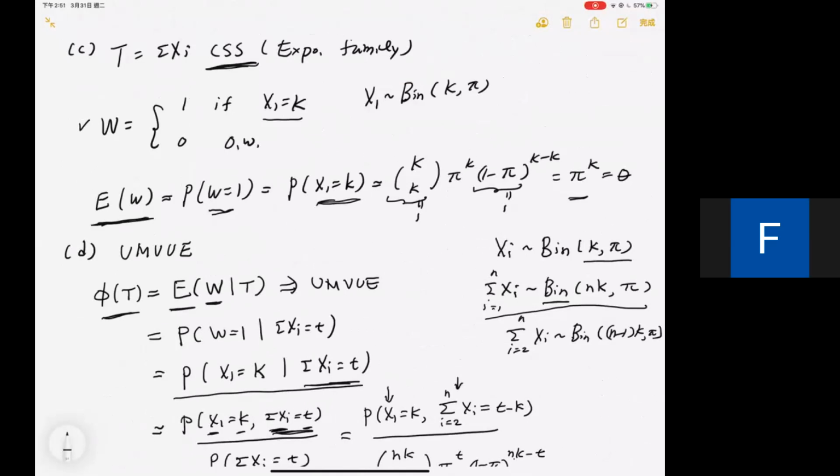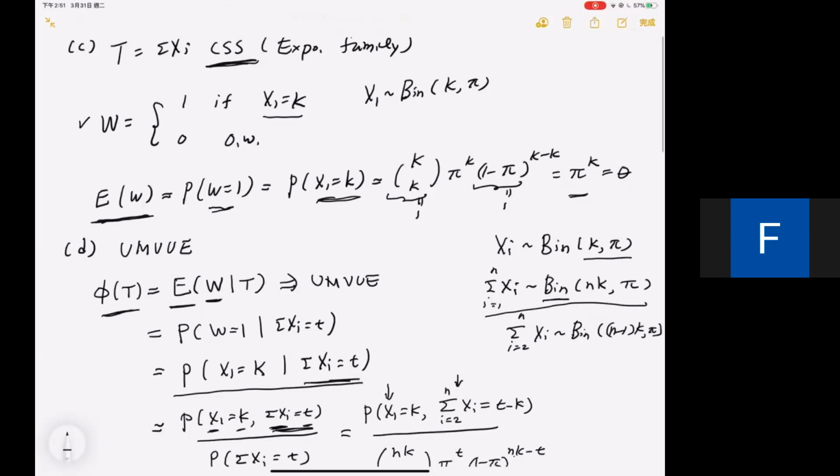What does the MLE look like? The MLE in A, right? I remember. The MLE in A of theta, where theta is pi to the power k. Give me a moment, I'm trying to find out what theta is.